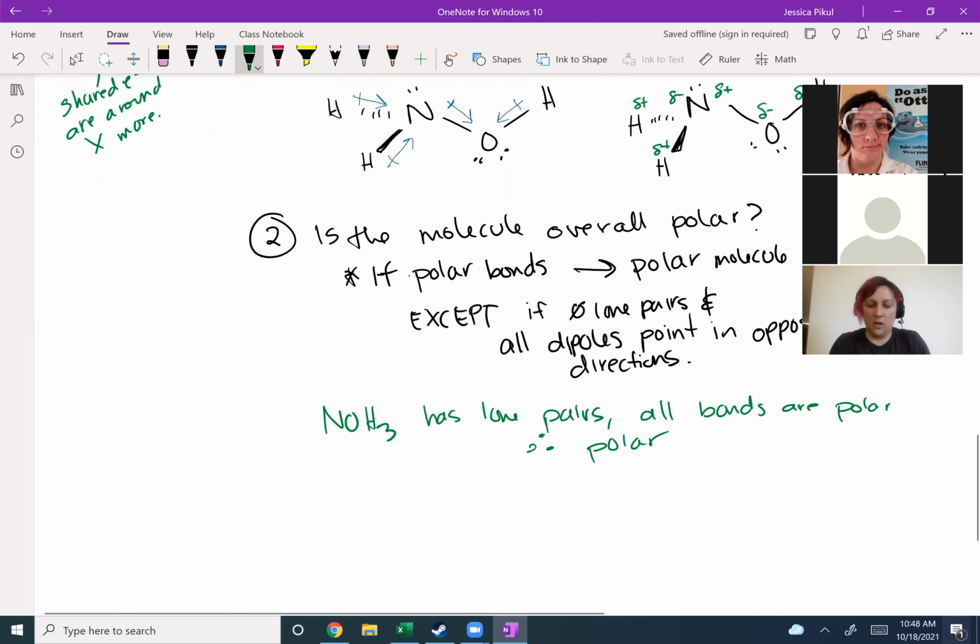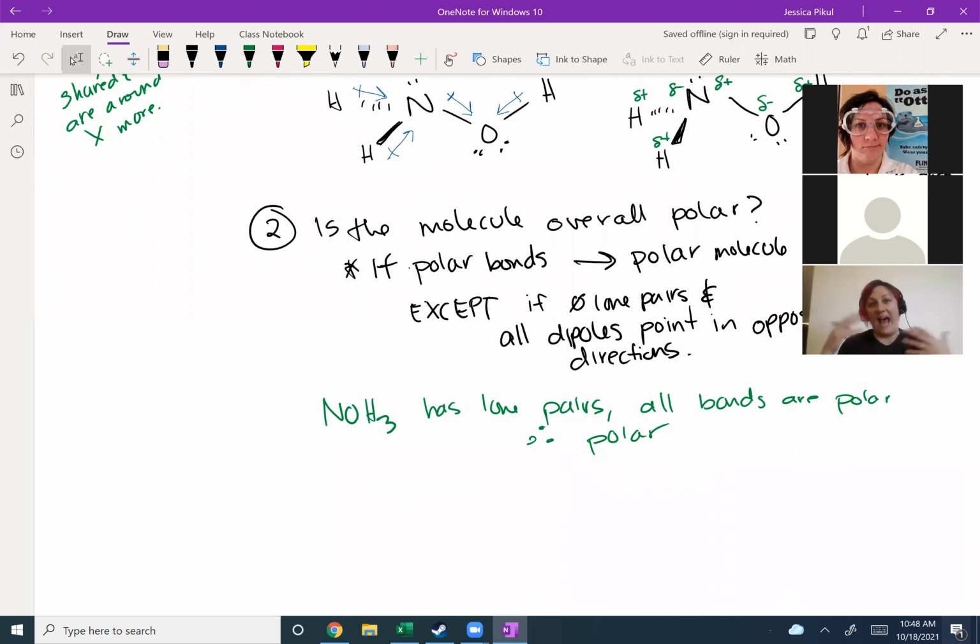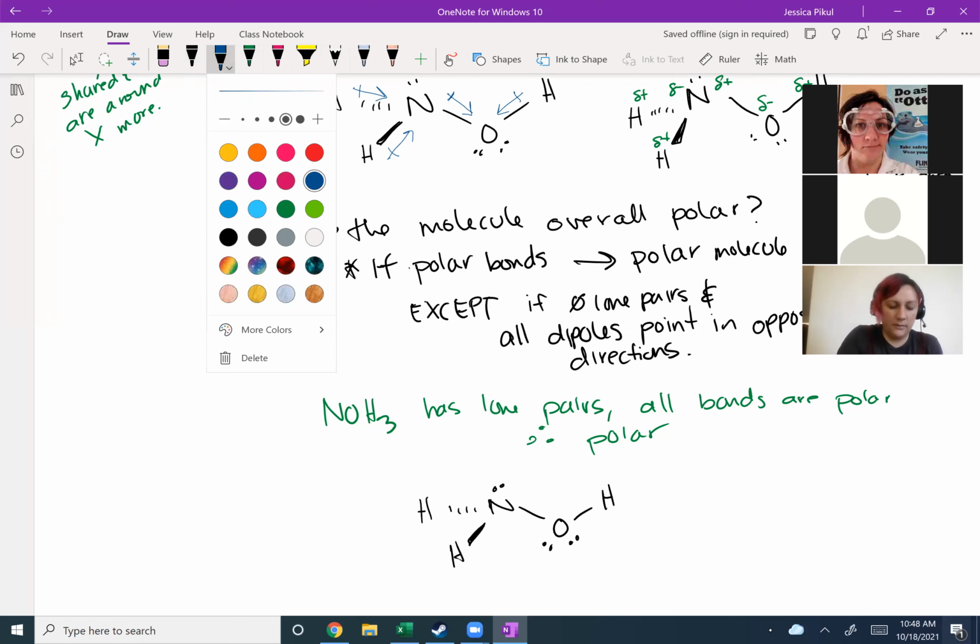To decide what its overall dipole moment is, you take the average of all of those little dipoles on your bonds, and you try to think about what is its overall direction. This is essentially vector math in your head, which is either easy or hard depending on how you process information. So let's get this wider.